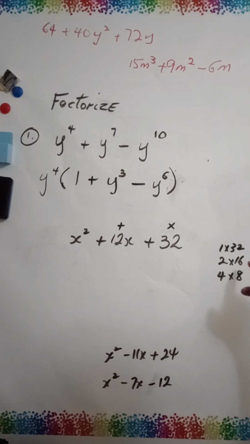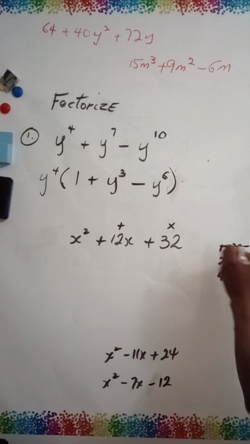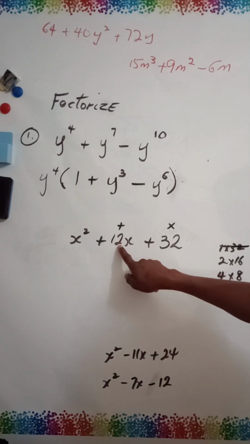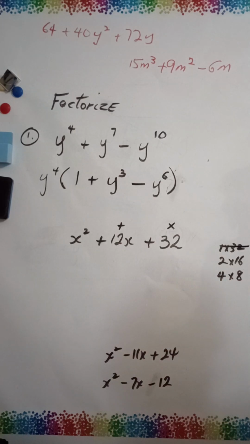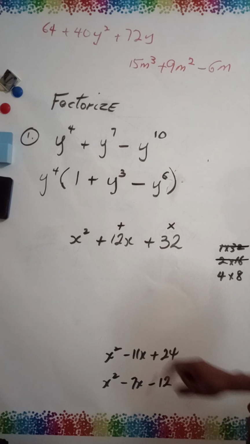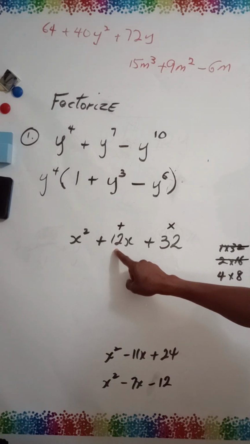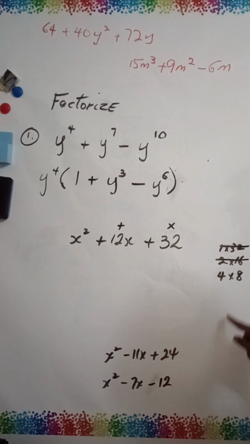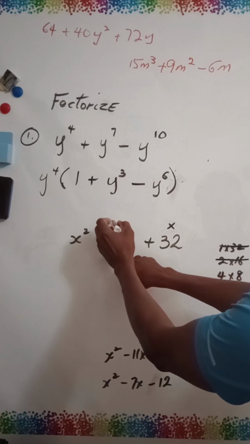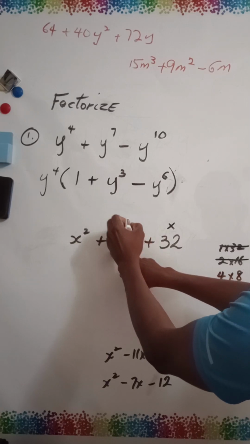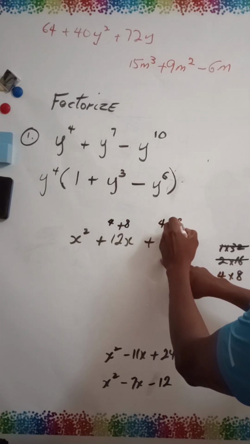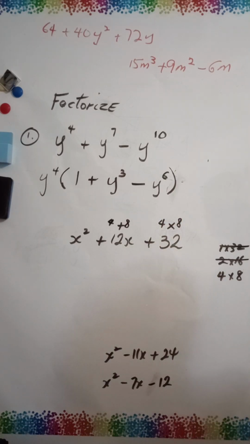If we try to add up 1 and 32, we will not get 12. If we add up 2 and 16, we will not get 12, but of course, when you multiply, you get 32. Now if we look carefully, we have 4 and 8. 4 plus 8 is 12, and 4 times 8 is 32. So 4 and 8 is the pair.